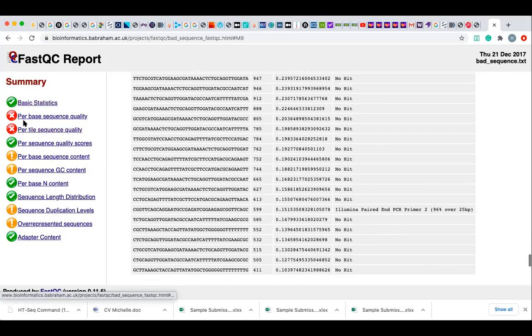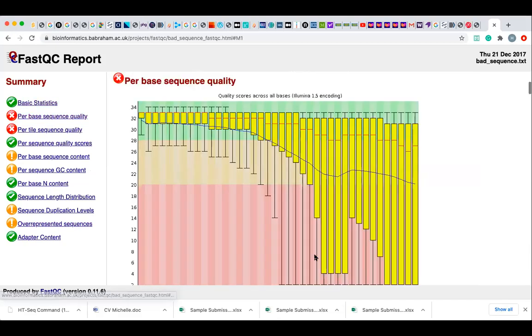So those three things are the main important criteria you must look at: basic stats, per base sequence quality, as well as your overrepresented sequence. If all three are good, you don't have any overrepresented sequence, and your quality scores are, for instance, at least above 22, 25, you are good to go. You don't have to do any trimming at all, right?